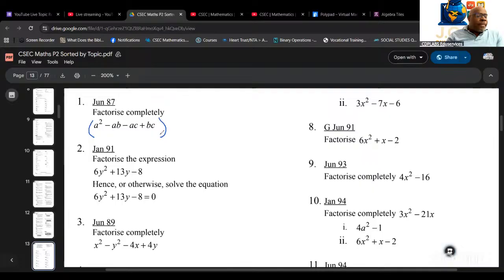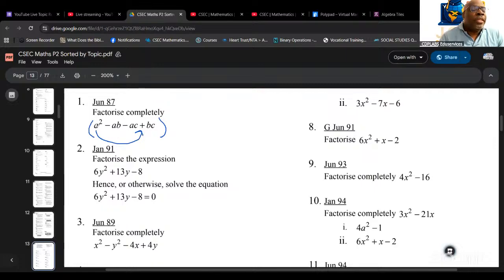You'd say A. But guess what? There's a step that I deliberately missed. I'm going back to it now. Before you can first identify the highest common factor, you have to group the like terms. Now, you can group A square with AC.